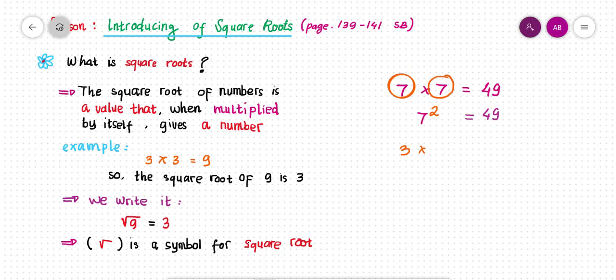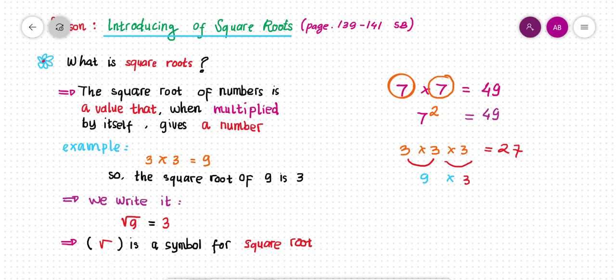I multiply number 3 by itself until 3 times. So, what is the answer, dears? Let's check this out. First, 3 times 3 is equal to 9. Very good. And 9 times 3 is equal to 27. Okay, very good.